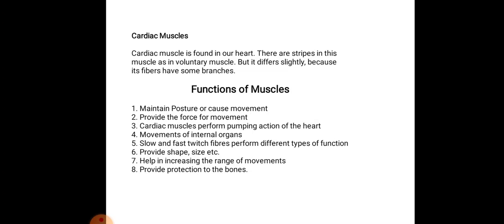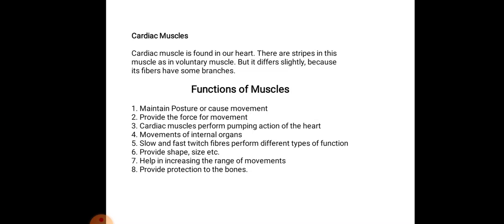Along with this, there are two types of skeletal muscle fiber in the human body, namely red fiber and white fiber, or you can say fast twitch fiber and slow twitch fiber. These fibers also have different functions. The various types of muscles and fibers perform the following functions.